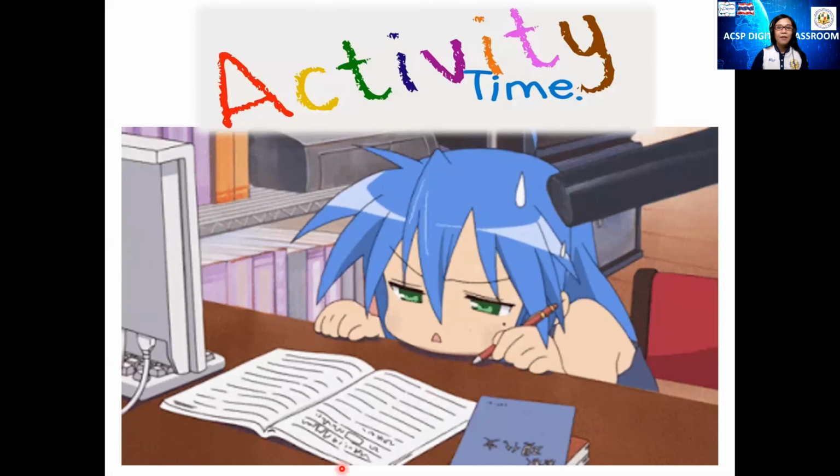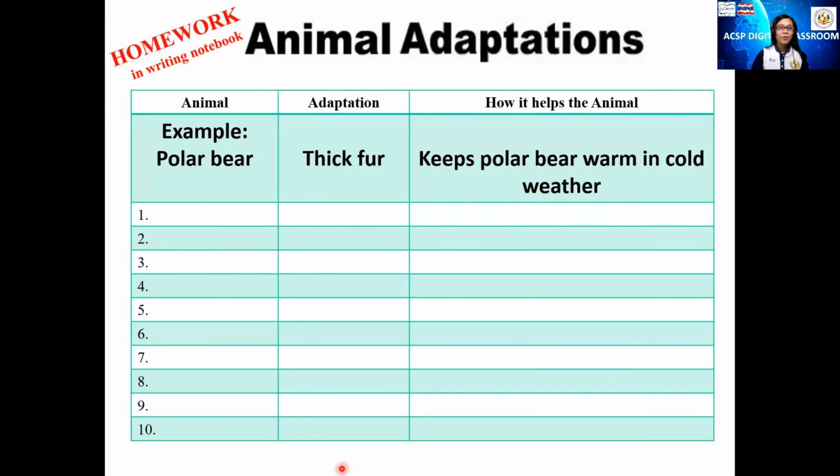Okay, activity time. For your homework, you have to use your writing notebook. Do this chart in your notebook. This is an example. You are going to copy the chart in your notebook and then search for some animals. I'm giving you an example here, polar bear.